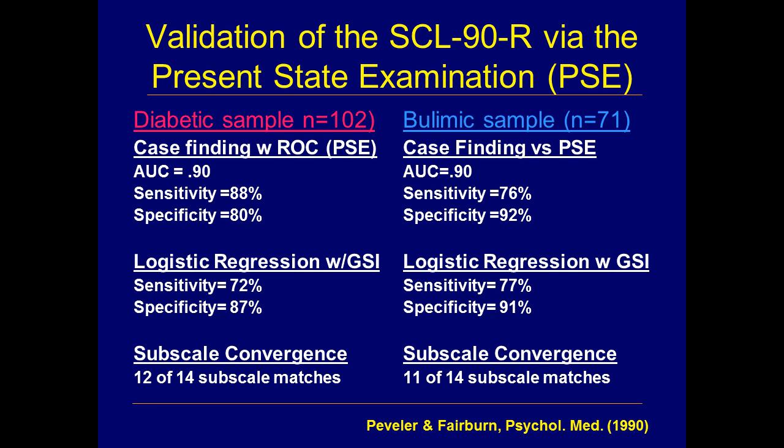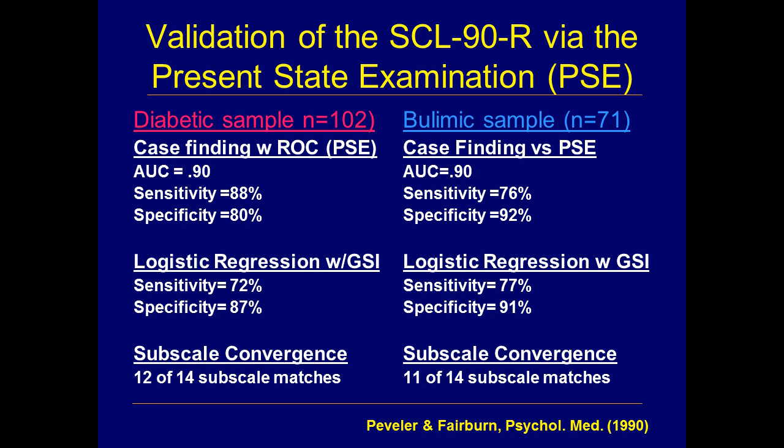They contrasted case finding using the SCL90R with the present state examination. Now, for those of you that don't know, the present state examination is a highly structured, very lengthy psychiatric interview, which can often take an hour to administer, and you need a clinician to do it.